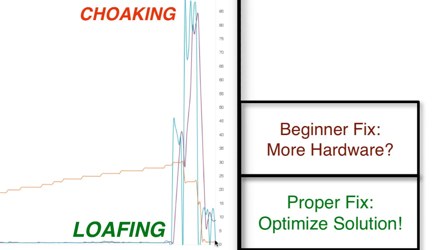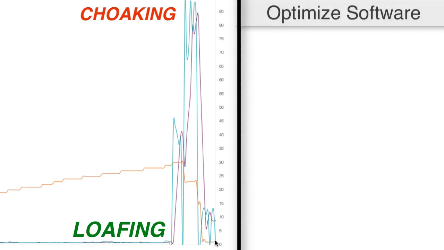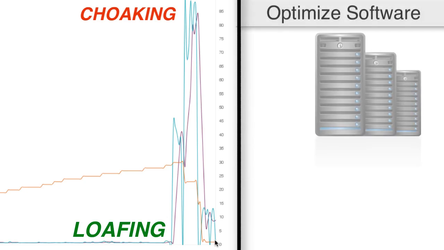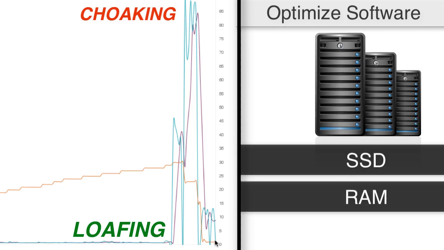I've met customers that go both ways. They'll throw money at the hardware, or they'll invest time, effort or money into optimizing a solution. And frankly, a lot of times you're better off just optimizing the software. But if you're not running a solid state drive, for example, on your server, and enough RAM, those are the first two areas I always start with these days, anyway.